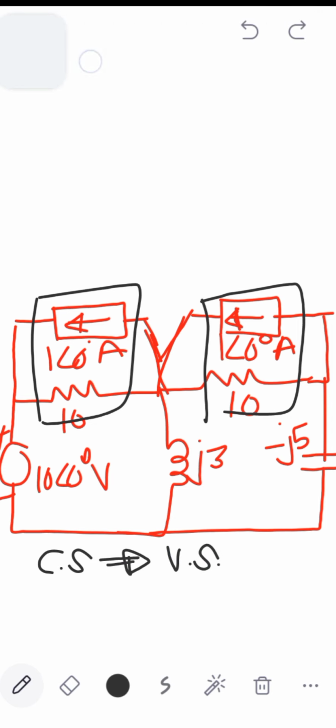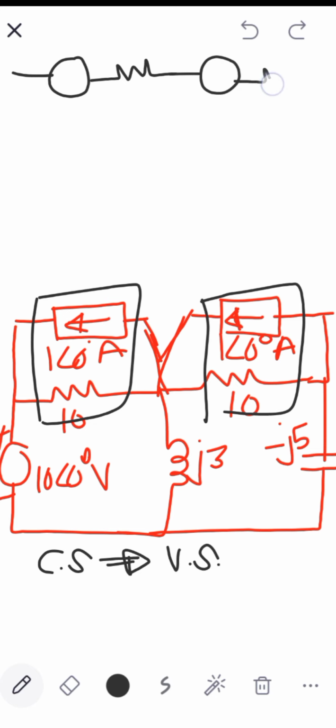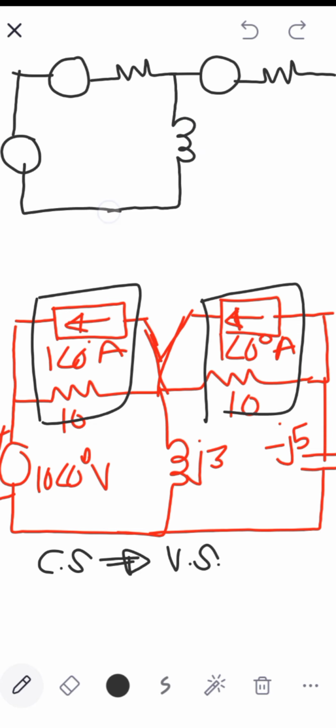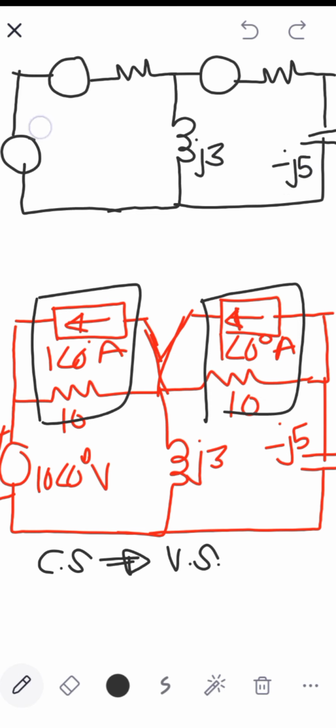For the equivalent voltage source, here a voltage source is connected to a branch in series, similar here. This is your inductive impedance and this is the capacitor. J3, minus J5, 10 at an angle 0 degree volt.